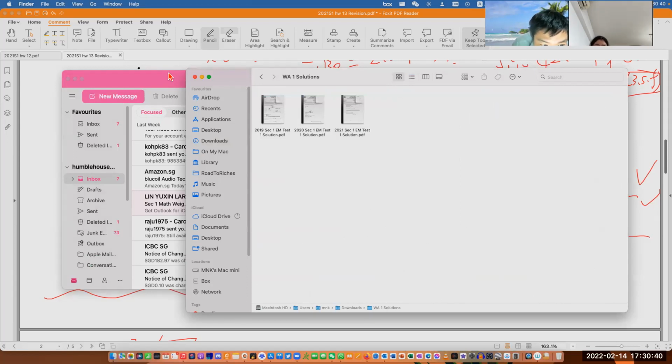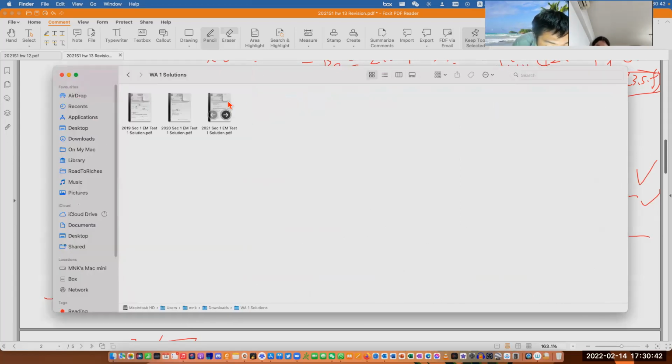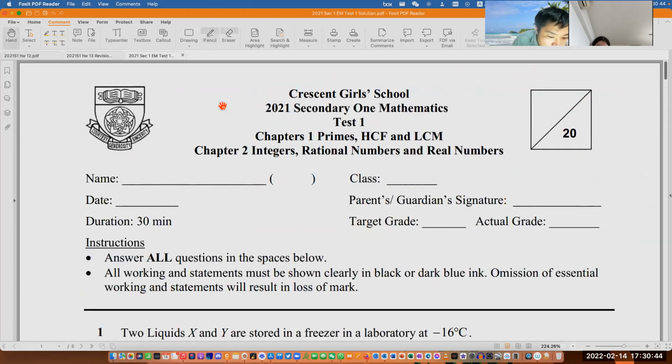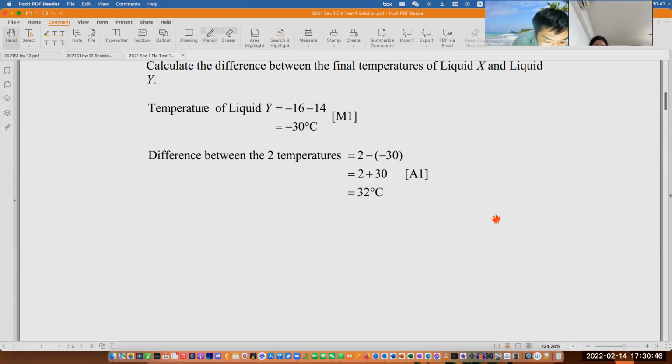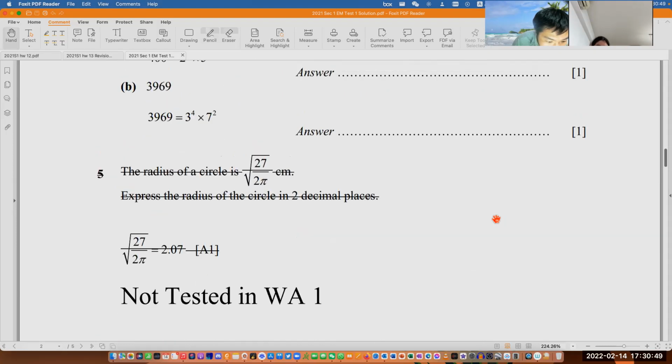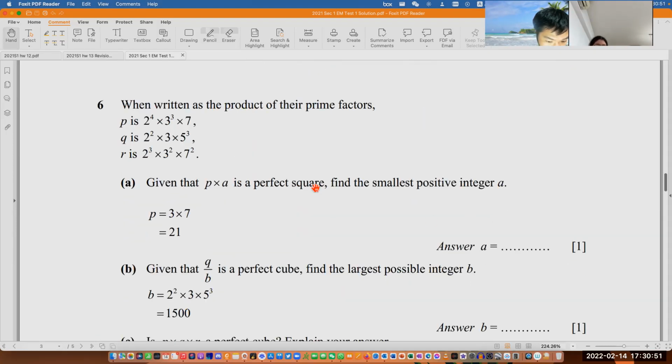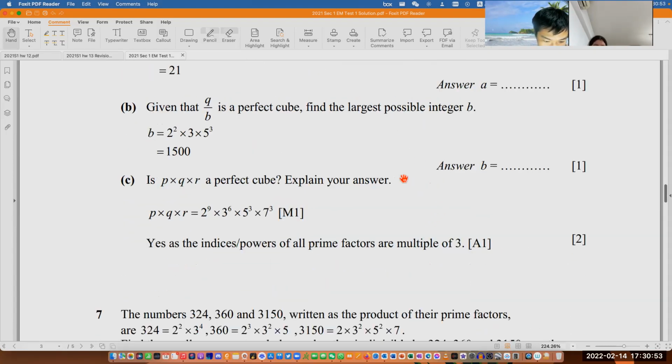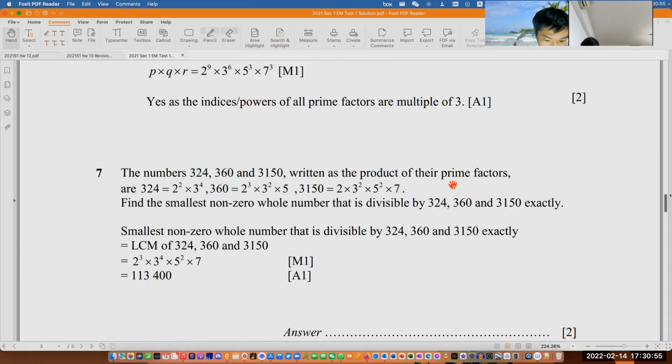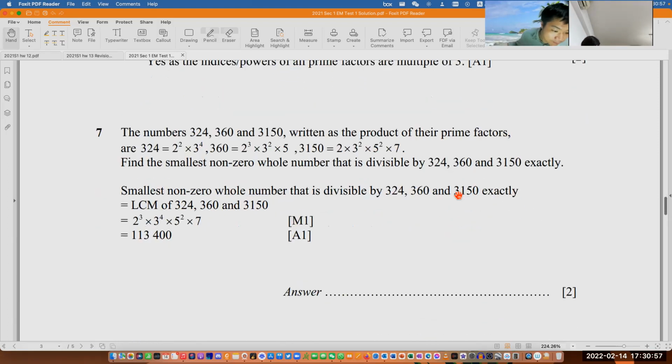Okay, let's look at one of her school's papers. Okay, this is the one, right? Yeah, this question. Okay, so over here, if you look at this, question 7. Can you see question 7? Hello, can you see question 7?